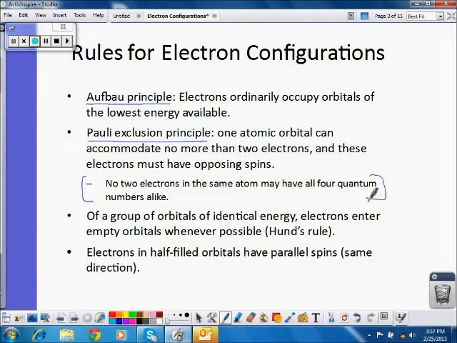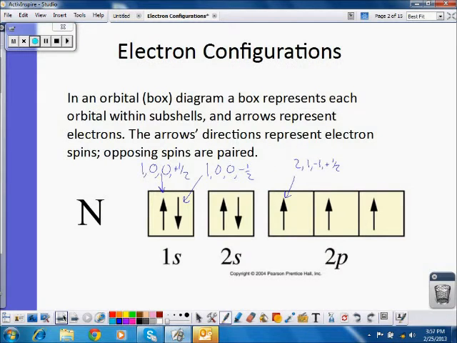Okay, so of a group of orbitals of identical energy, electrons enter empty orbitals whenever possible. That's Hund's rule. So Hund's rule is why we put these 3 in individual orbitals instead of pairing this up, putting one here, and leaving that one empty.